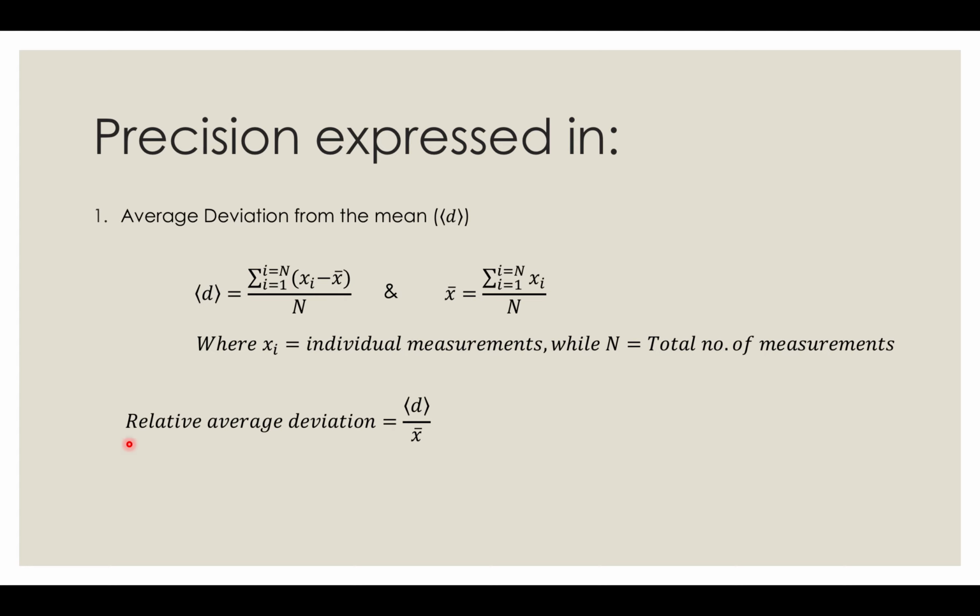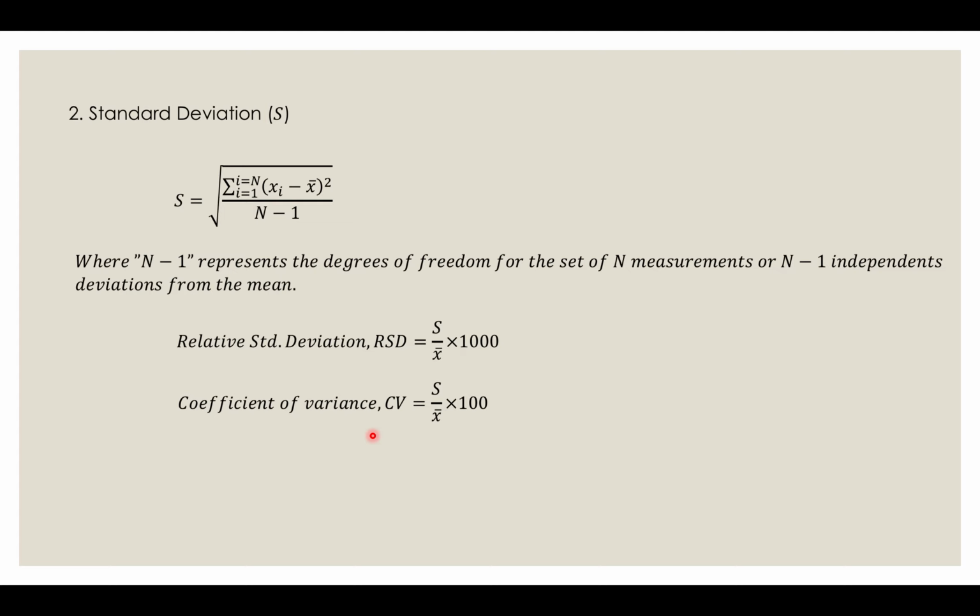Similarly, you can find out the relative average deviation. The only thing you have to do is divide this by the mean, and you will get the relative average deviation. Another way of expressing precision is the standard deviation, which is nothing but the square root of the summation of (xi minus x bar) whole square divided by n minus 1.